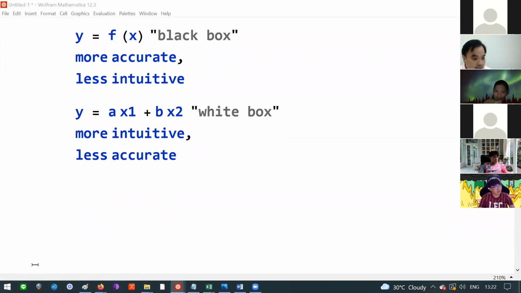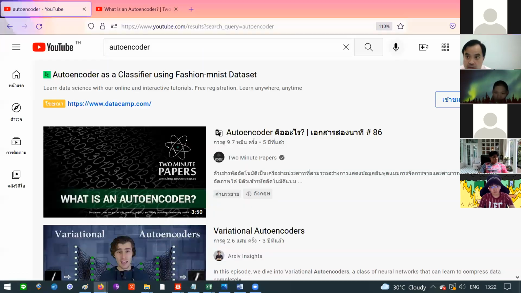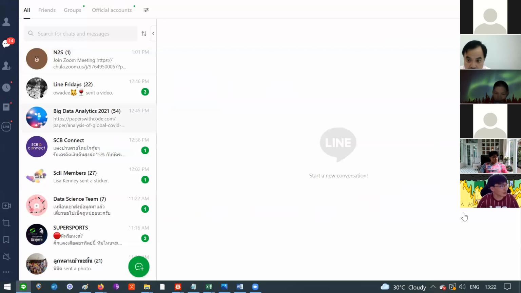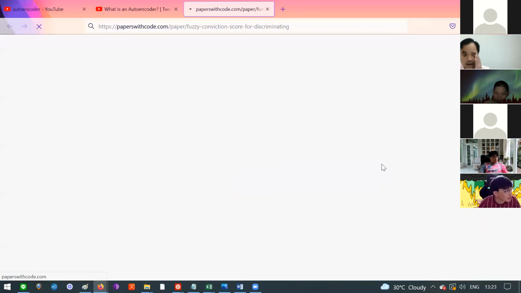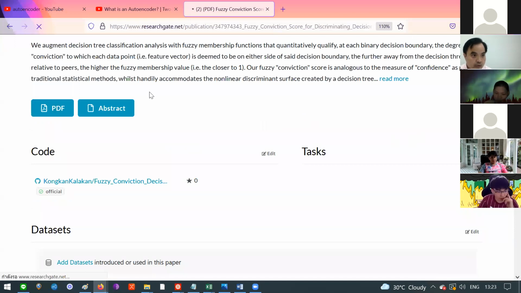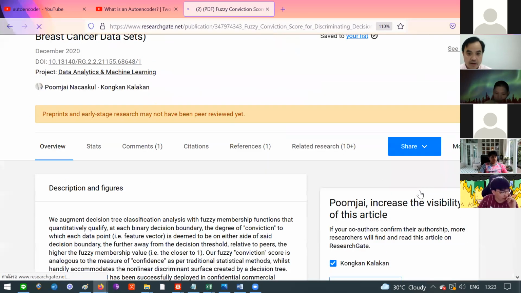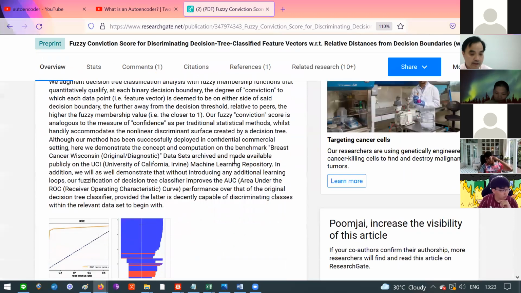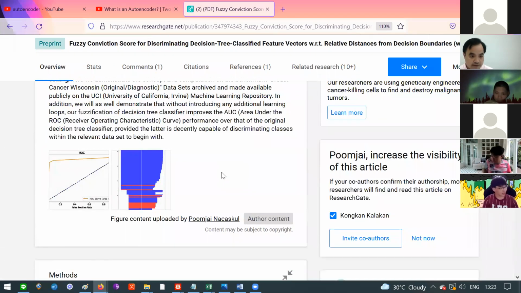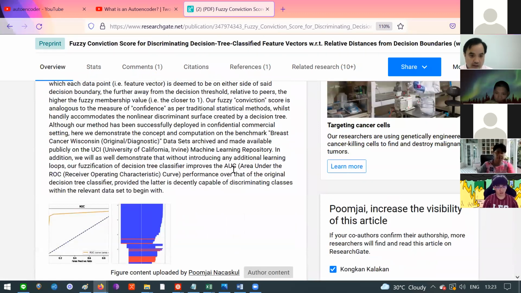So let me go to Line. Okay, Big data analytics. So let me go to this one. This paper here is something that we did for an asset management application, but obviously it's a private data set.